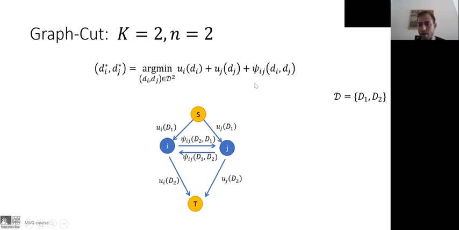Here I can have only 4 assignments, right? I can use D1, D1 for both of them, D2, D2, D1, D2, or D2, D1. So I just want to see that I can get all possibilities, and then I'll know that finding the flow will give me the lowest energy and the best assignment.